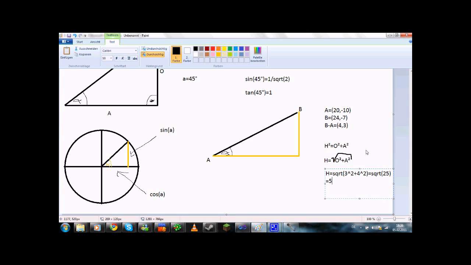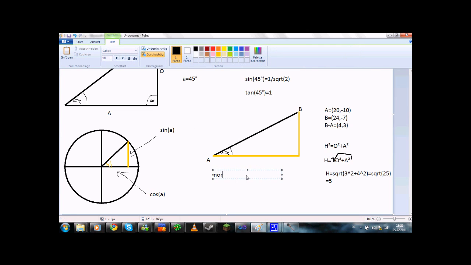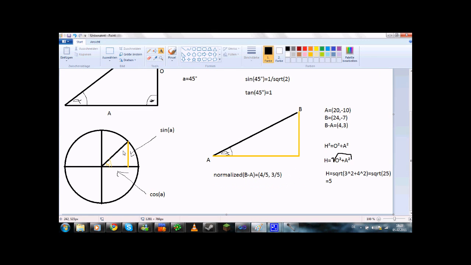So the length of this vector would be 5. Now what we do is we divide by 5. So now our normalized b minus a would be 4/5 and 3/5. There you go. And now we know, okay, this is on a unit circle.